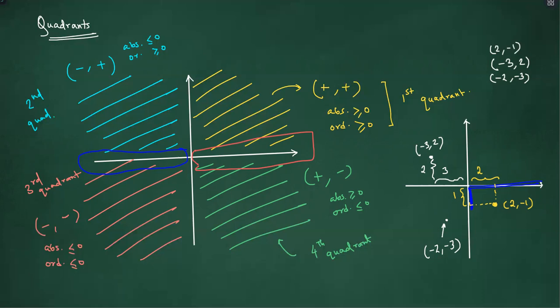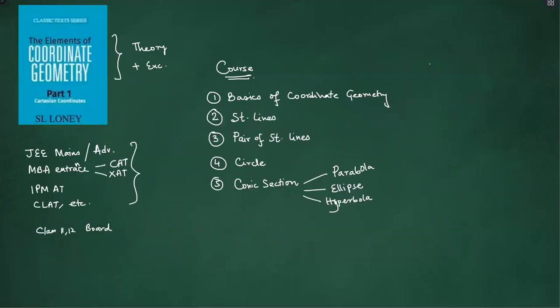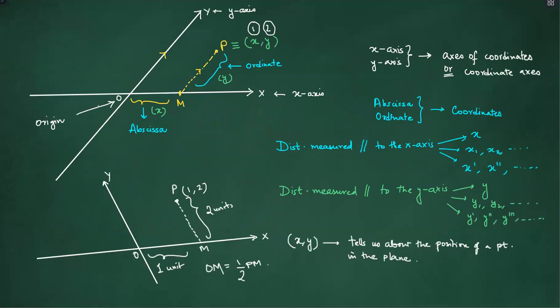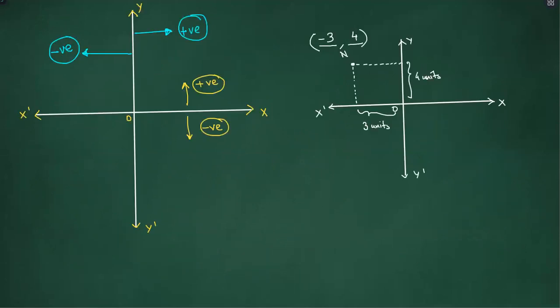So let's quickly have a revision of what we did. We started off the course. We talked about the rectangular coordinate system, oblique axis, x-axis, y-axis, abscissa, ordinate. After that, we talked about the sign convention.